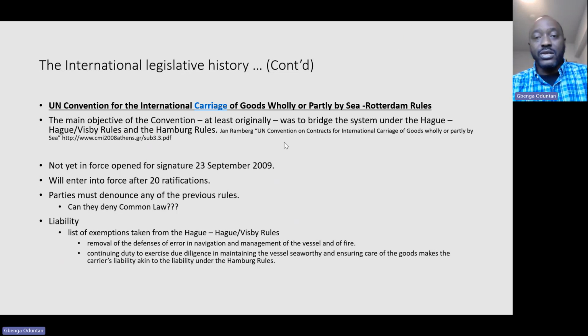I regret to announce that the Rotterdam rules are not yet in force because it has not gotten 20 ratifications yet. All we have now is an increase in the disunity of the original unity that exists under the Hague rules. We now have 4 major rules and more confusion.